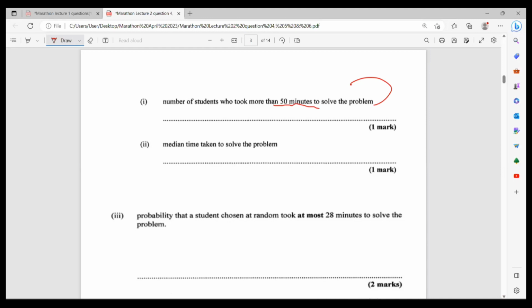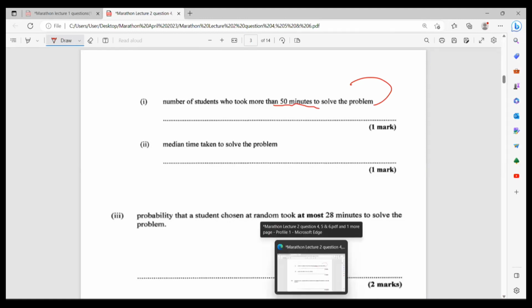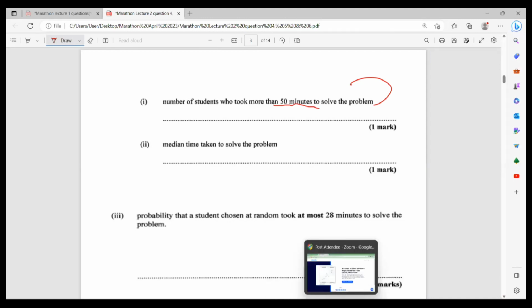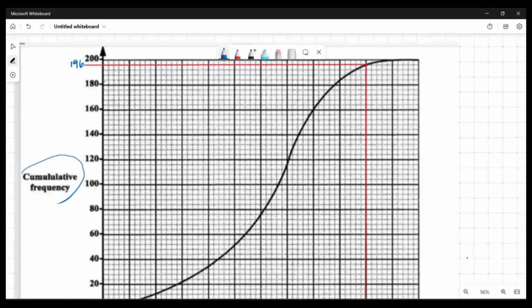More. That means we need to go over 196. Those who took more than 50 minutes, so go back. More than 50 minutes means that you're going over this section. So you're going to have to say, oh, 200 minus 196. The little between this is 4 people.